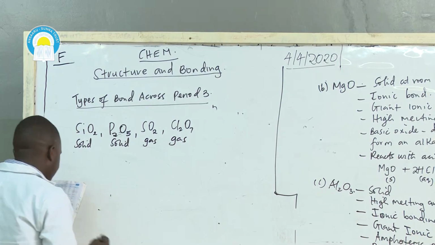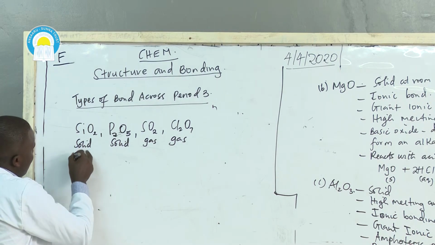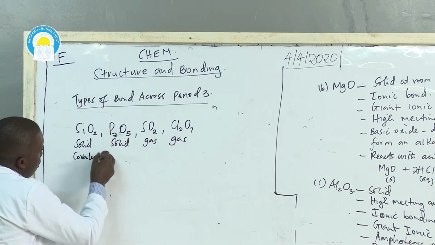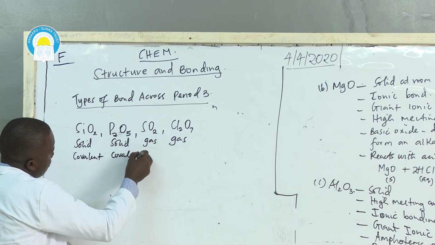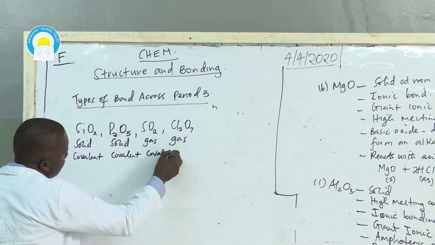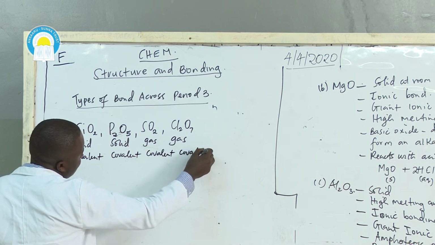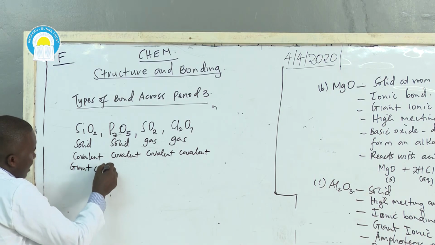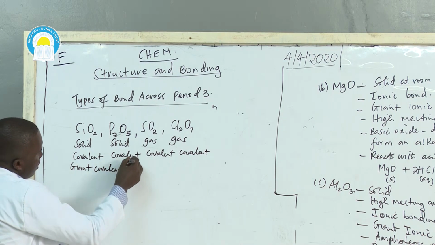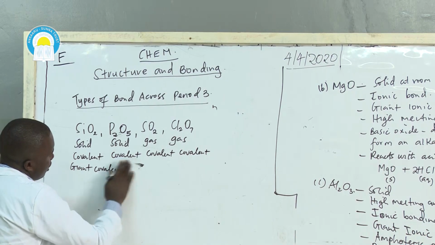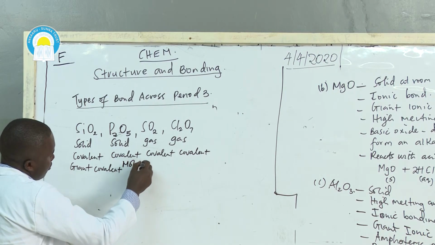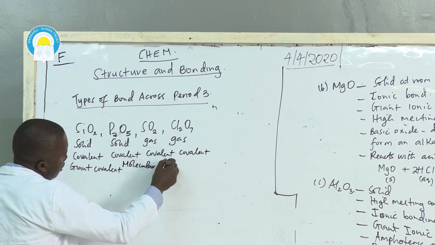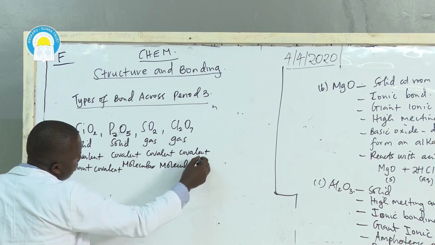And this one is covalent, covalent, covalent, covalent. So this is the giant covalent which we have seen. These are simple or molecular, molecular, molecular.